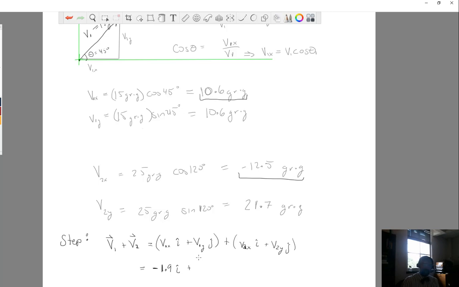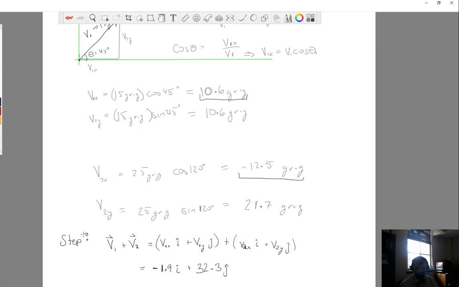And then for the j hat direction, you have 10.6 plus 21.7. This ends us with 32.3 j hat. Okay, so that's step 2.